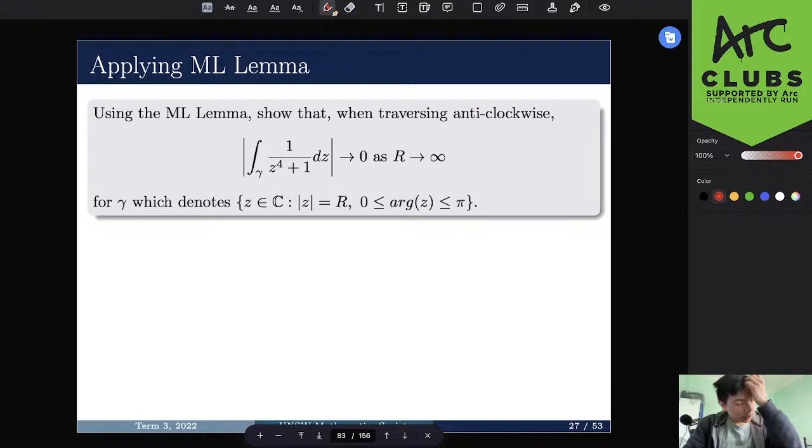So, using the ML lemma, we just want to prove that this function's modulus right here approaches 0 as r approaches infinity. We can have gamma, which denotes a circle from 0 to pi, so obviously that just means a semicircle with radius r.